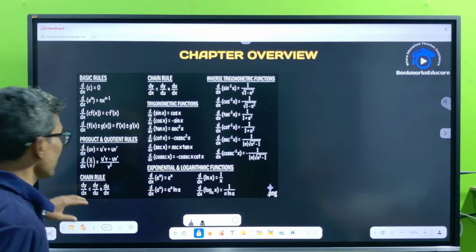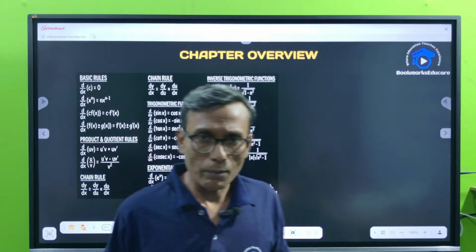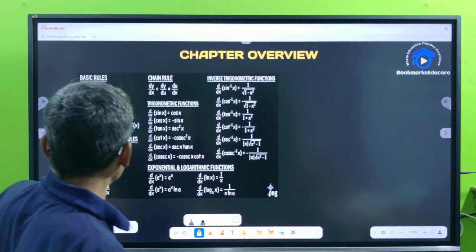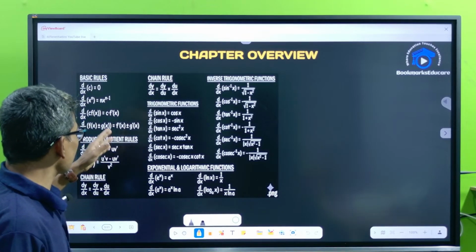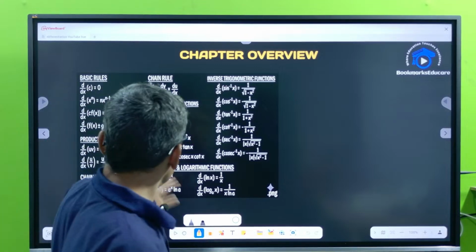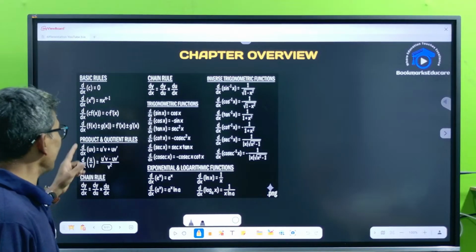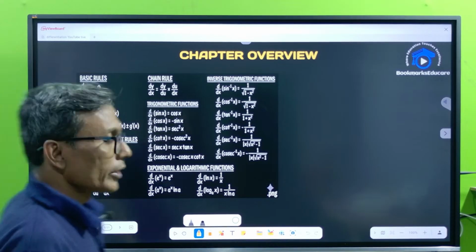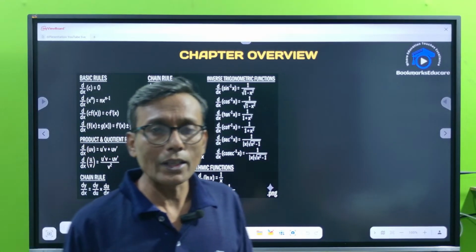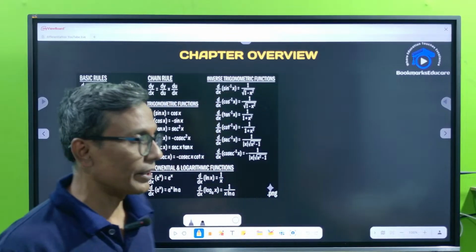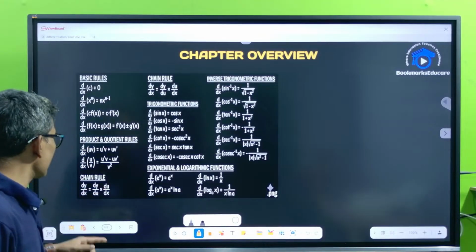If two or more functions are added or subtracted, their derivative will be f prime x plus or minus g prime x. Now the product and quotient rules. If any two functions are in multiplied form and we are asked to find the derivative of the product, the formula is like this.